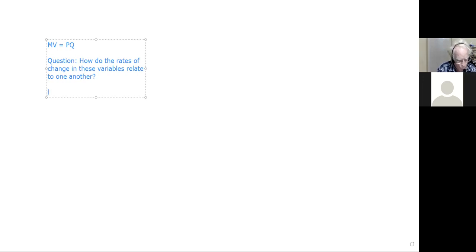First, take natural logs on both sides. And then second, note that we can fully differentiate across the equation because all four variables change from time to time.